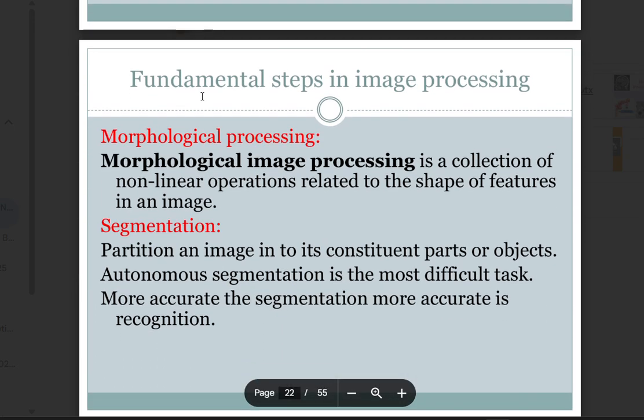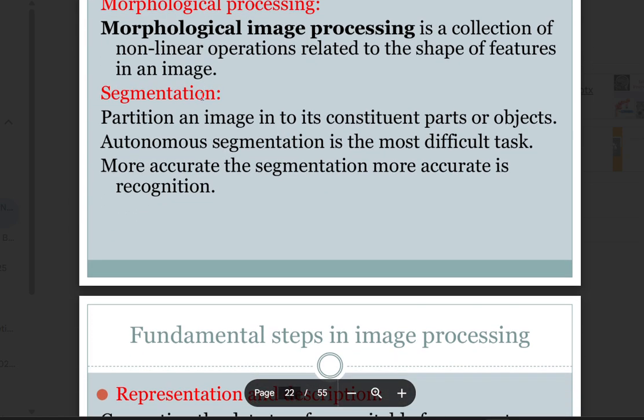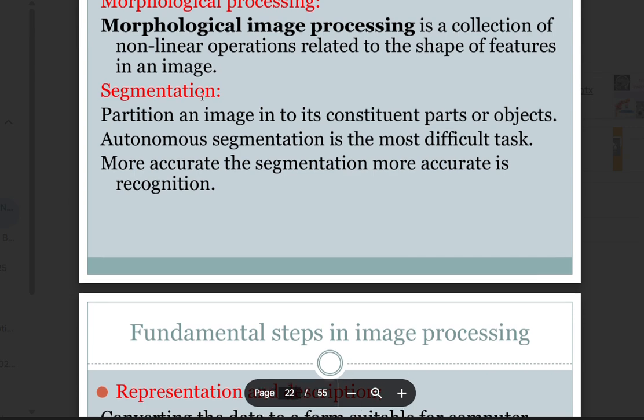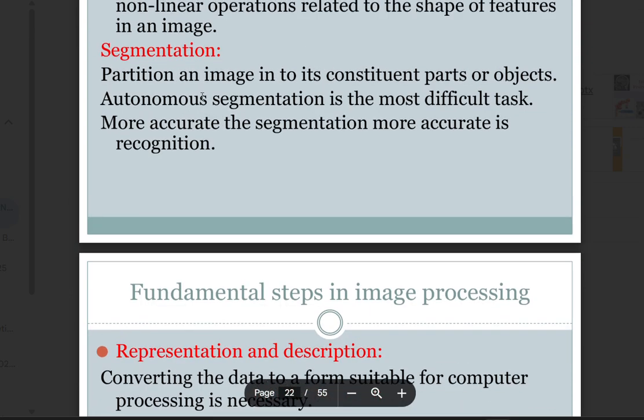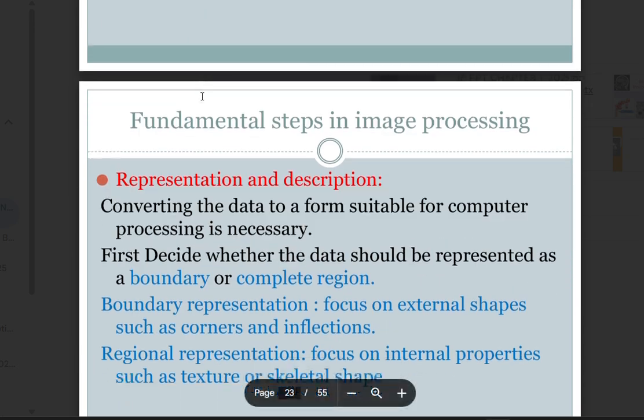Next is morphological processing, a collection of non-linear operations related to the shape of features in an image. In segmentation, we partition an image into constituent parts or objects, and the more accurate the segmentation, the more accurate the recognition. If the segmentation is done precisely, then we will be able to recognize what the image is.